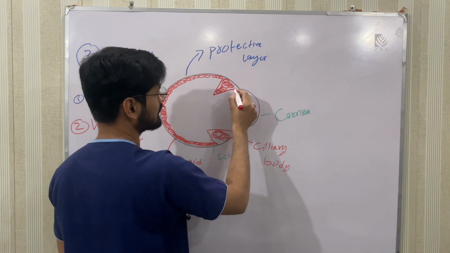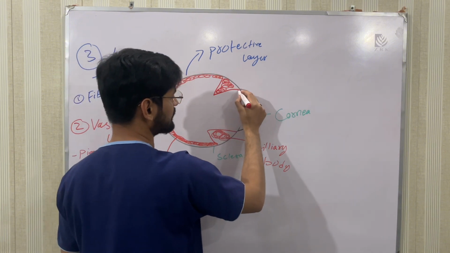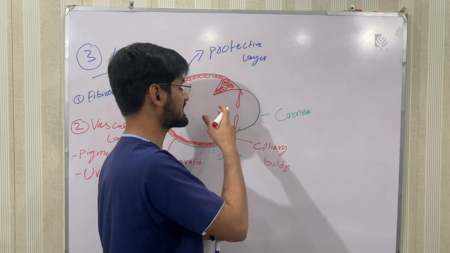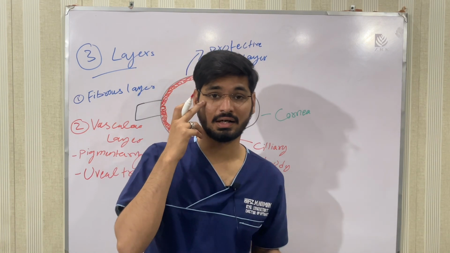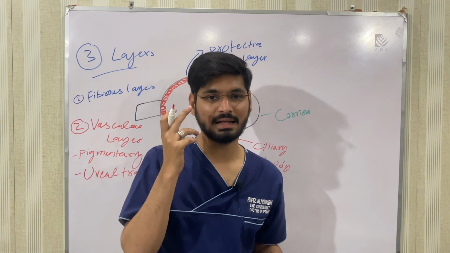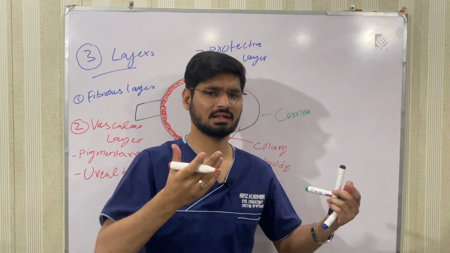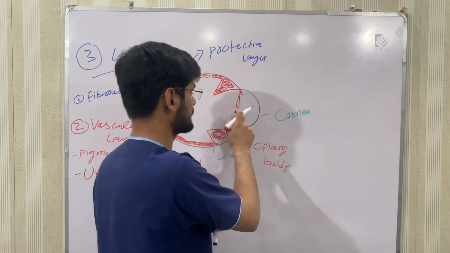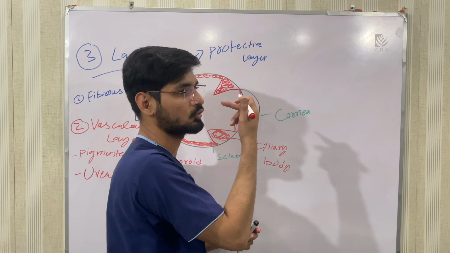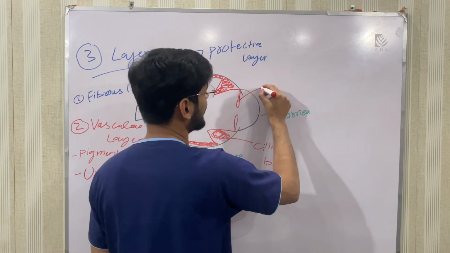After that, anteriorly this layer has a diaphragm. This diaphragm gives color to our eye. If my eye looks black, brownish, or grayish, it is because this diaphragm gives color to my eye. This diaphragm is called iris.